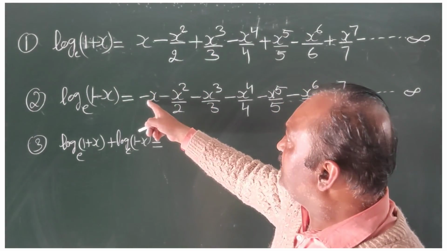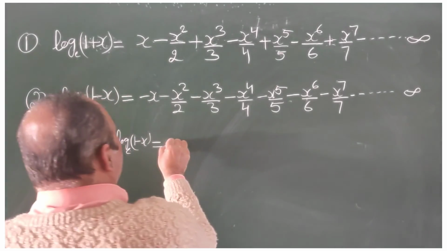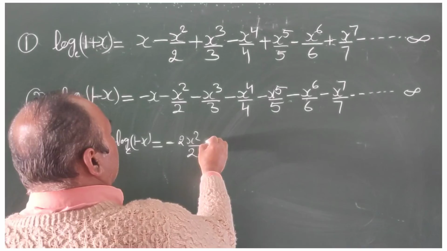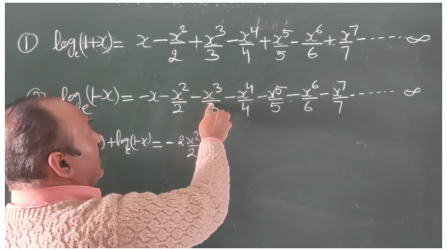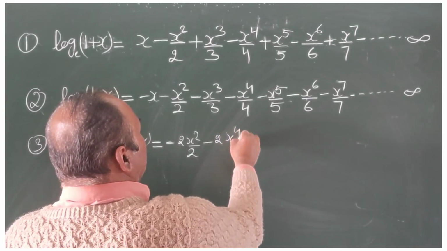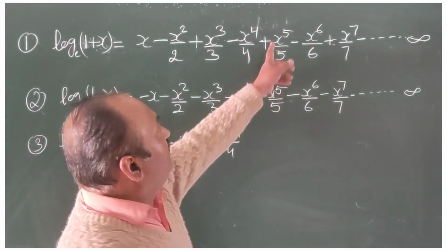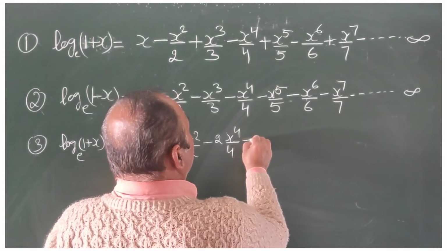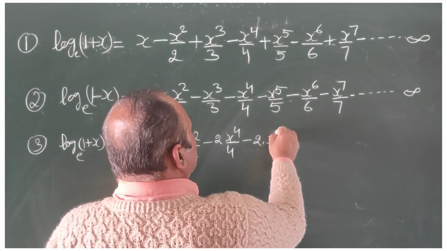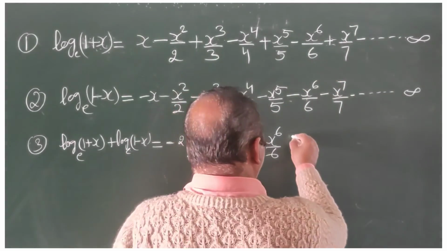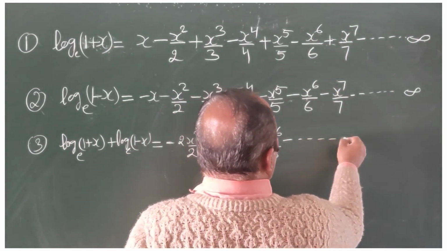The x and minus x will cancel, and it becomes minus 2x square upon 2, and the odd terms will cancel after adding, and it becomes minus 2x raised to power 4 upon 4, and minus 2 into x raised to power 6 upon 6, and so on up to infinity.